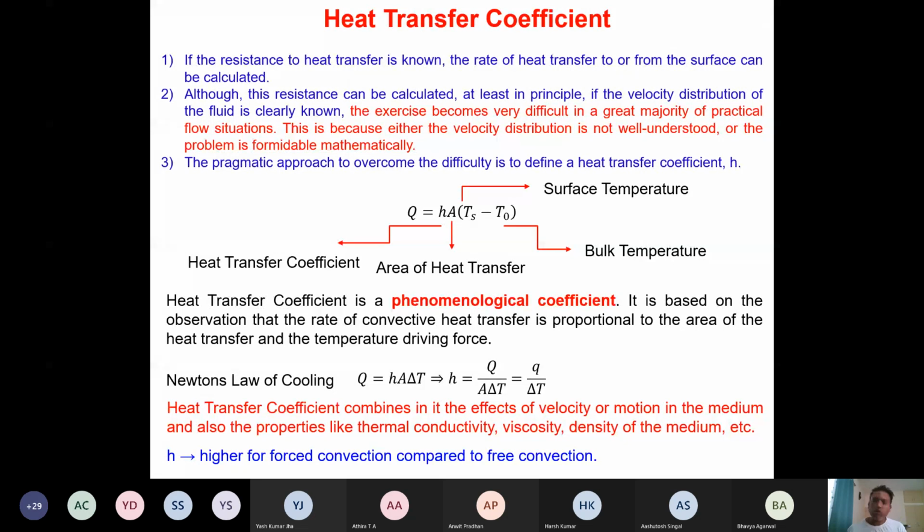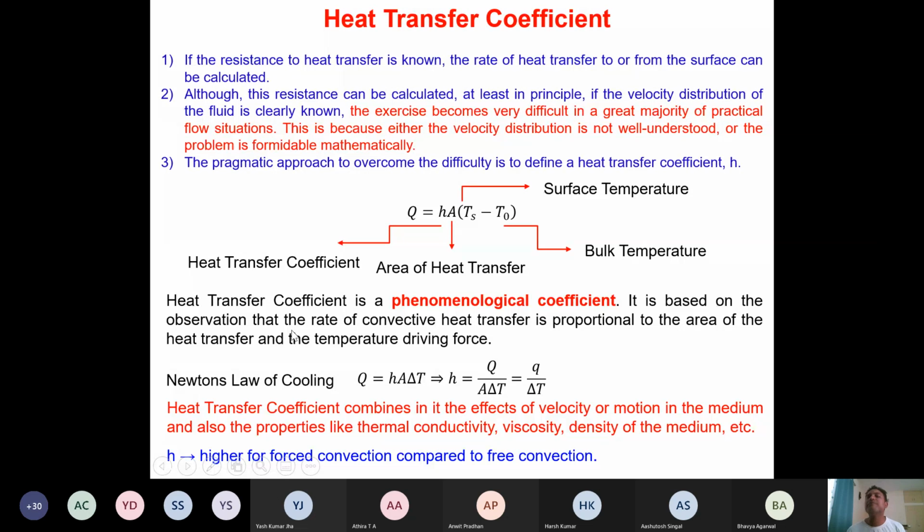This can be avoided by using the heat transfer coefficient, which accounts for the effect of thermal conductivity, viscosity, density, and velocity. This heat transfer coefficient is obtained using correlations, which we will see later when we look at forced convection and natural convection. There we will look at several correlations to calculate the heat transfer coefficient.